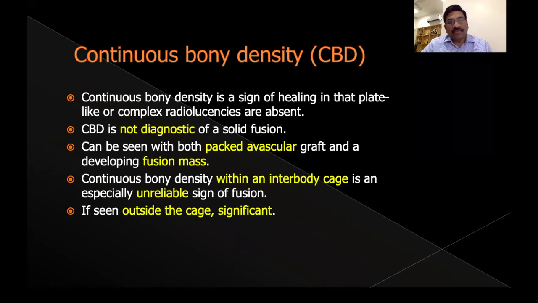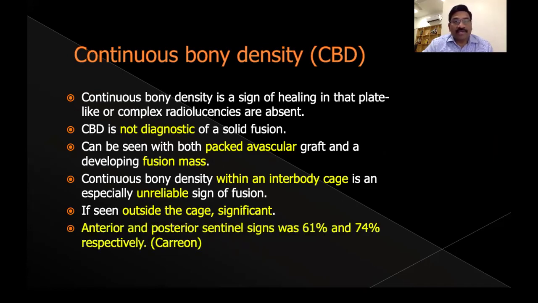Continuous bone density is not diagnostic of solid fusion, but one needs to remember that in cases where there is a cage put in, the packed devascularized bone grafts can also be seen as continuous bone density areas. So the continuous bone density within the interbody cage is not reliable, but if it is seen outside the cage, it's very significant.